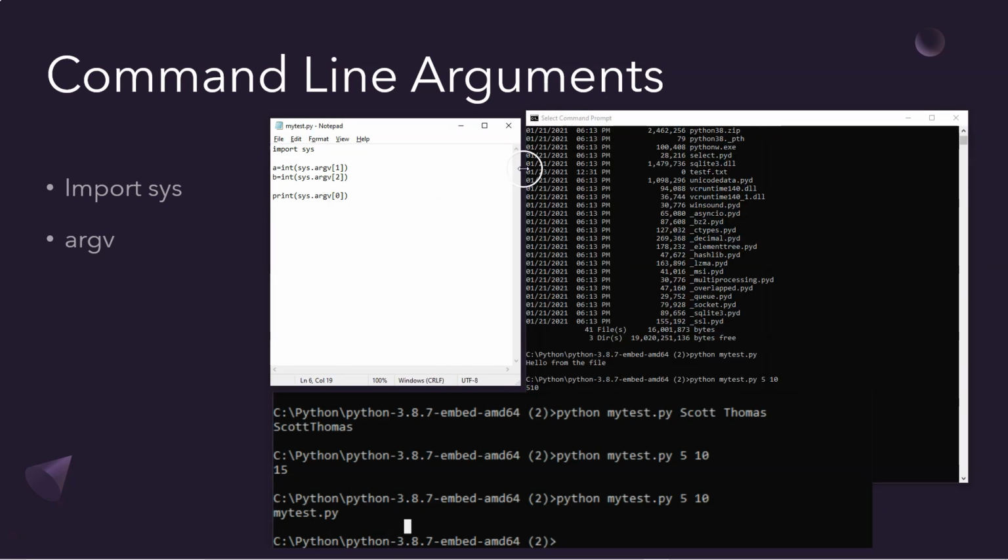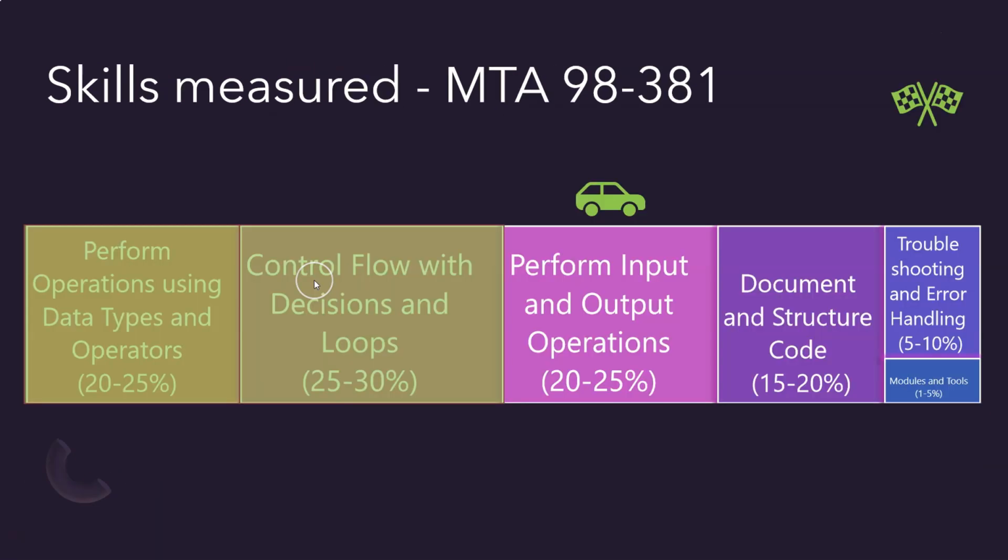So this covers how we can use the code in the file using import sys and run it through the command line. With this, we are done with this topic, which is perform input and output operations.